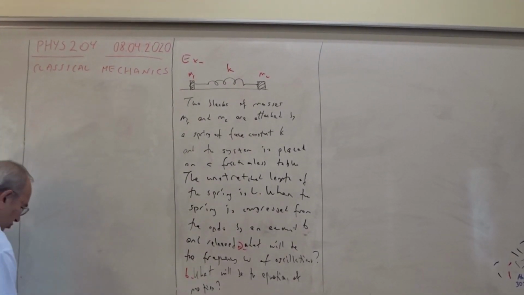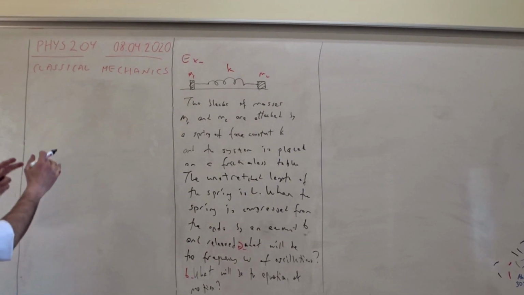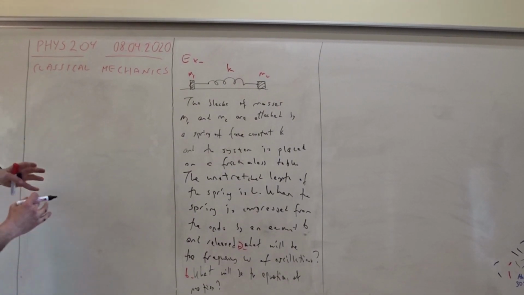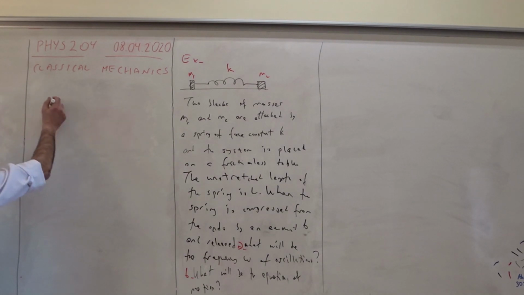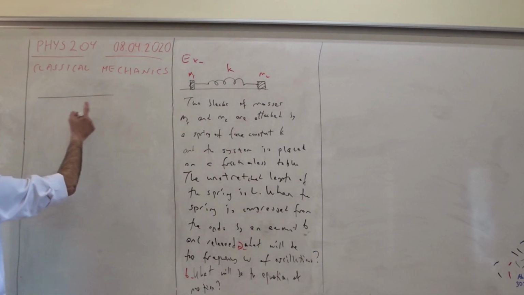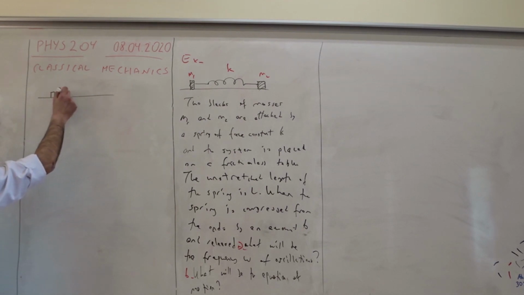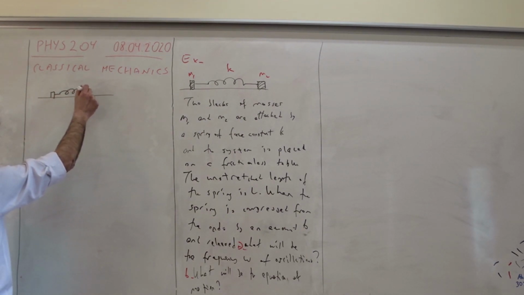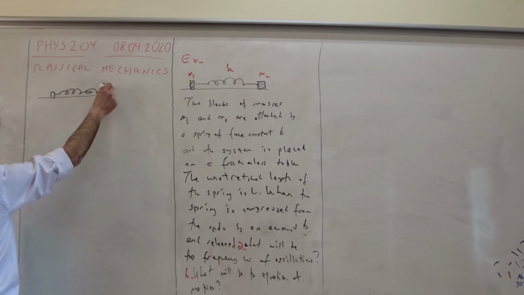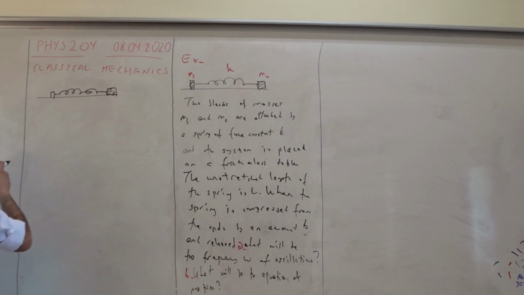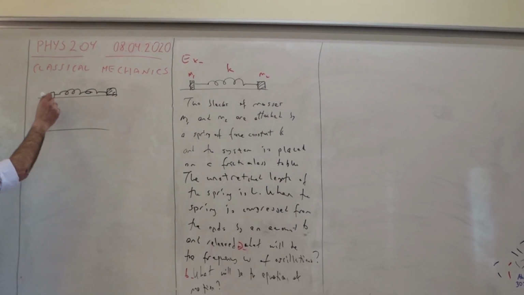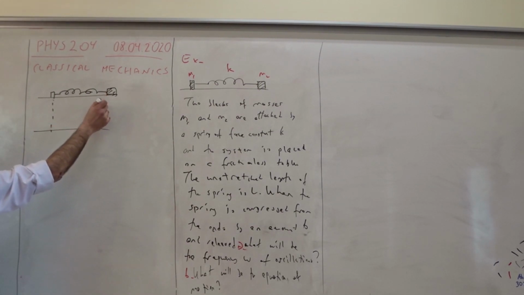So first of all, we should understand the problem correctly. Let me draw two instances. In the first case, we have this picture: first block, spring, second block. Later on, it is compressed.